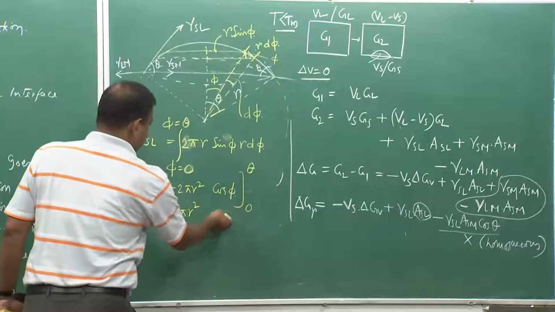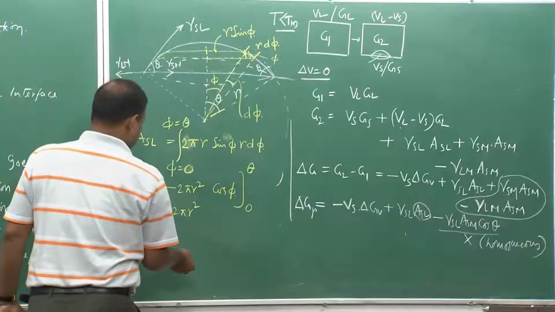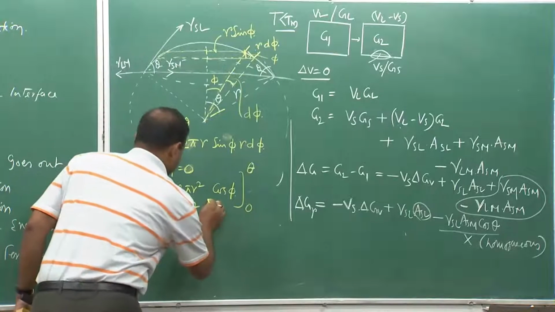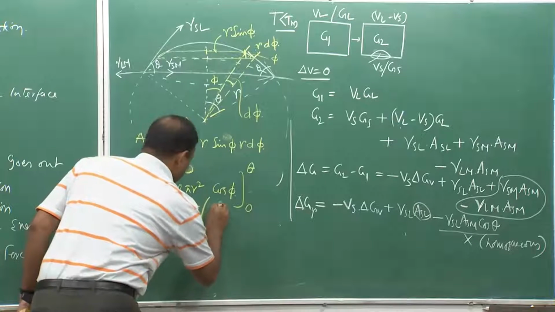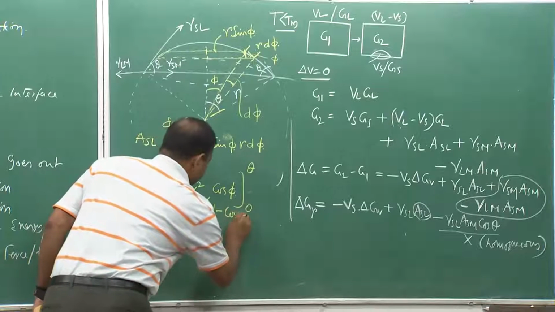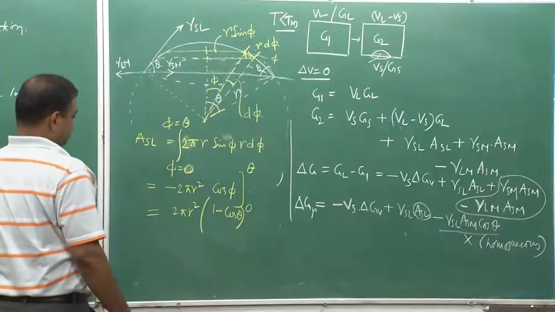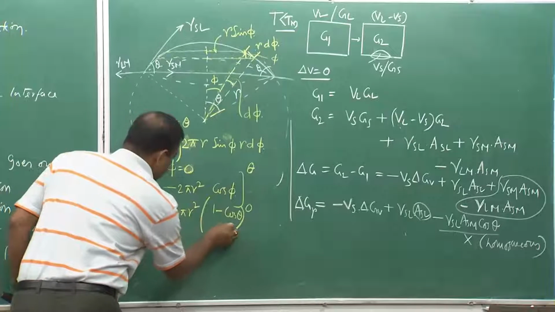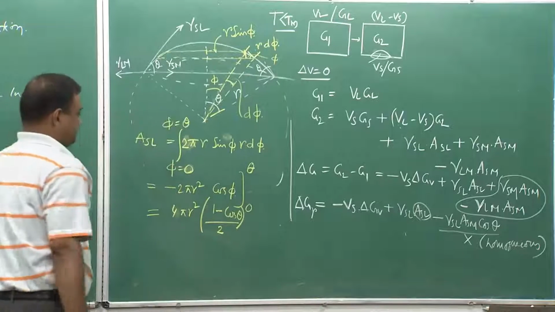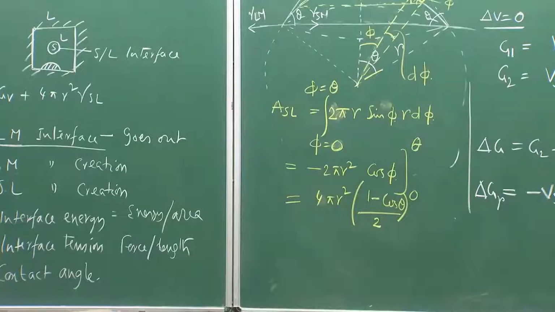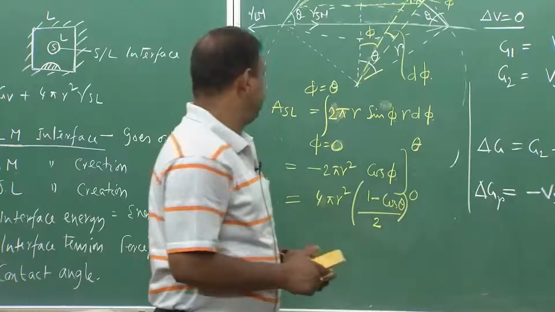So cos phi at phi equal to 0 is 1. So then 1 minus cos theta, I can make it 4 and then divide by 2. Yes, so you will get this.